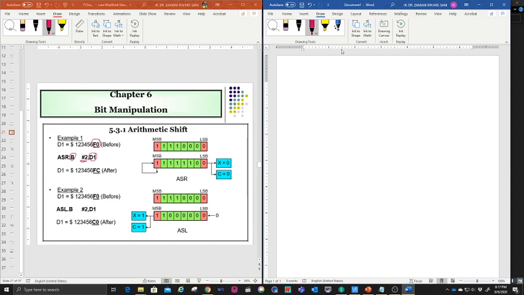So the value is F0. This is 1, 1, 1, 1. This is 0, 0, 0, 0. Okay. Then you have this value, F and 0. You have to shift left, arithmetic shift left twice.